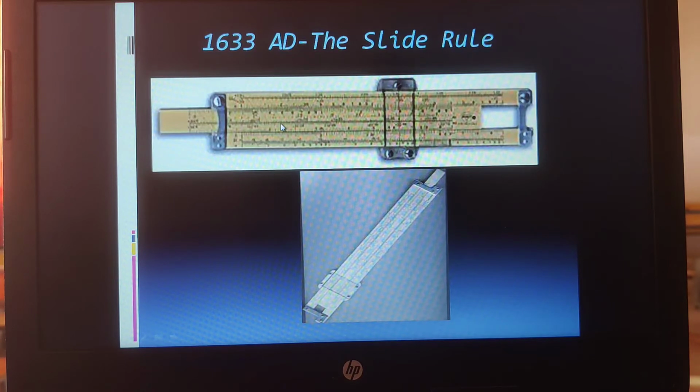Based upon this principle, the slide rule was working. I repeat the principle: the distance from the starting point of the rule is directly proportional to the logarithm of the numbers printed on the rule. This slide rule was actually made by combining 2 scales.